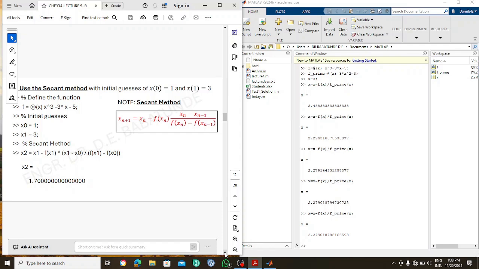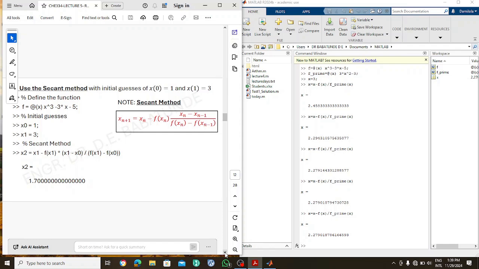The formula says xn plus 1 is equal to xn, and so on and so forth. So we said the first guess is x0, the second guess is x1. The refined value, which is xn plus 1, is x2. So based on that, x2 is equal to what?